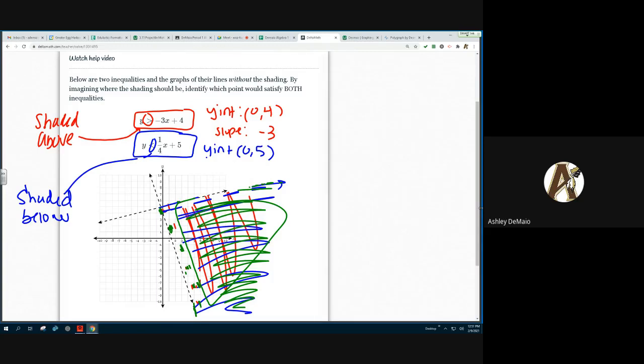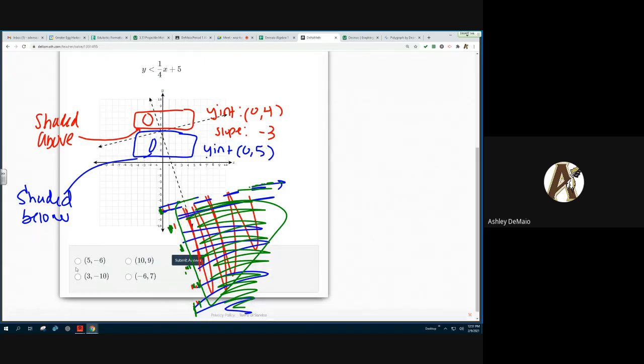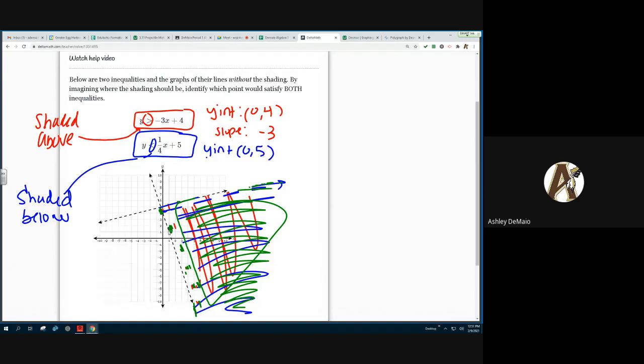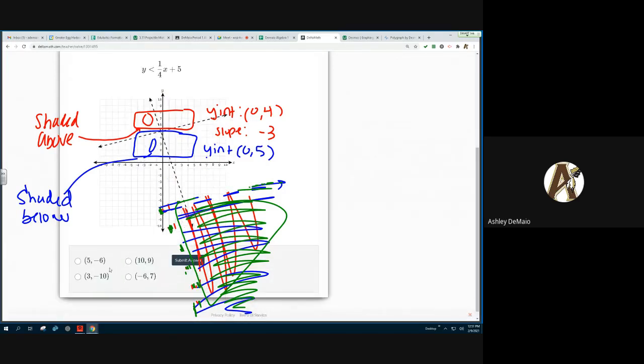Now, if we look at Delta Math and we look at the problems that we're given below, we need to check to see which point would satisfy both inequalities. So let me write these down on the side so we don't have to keep scrolling up and down. So we have 5, -6, 3, -10, -6, 7, and 10, 9.